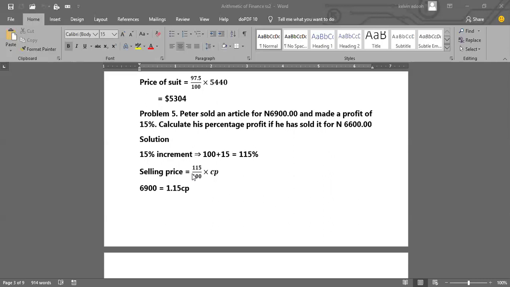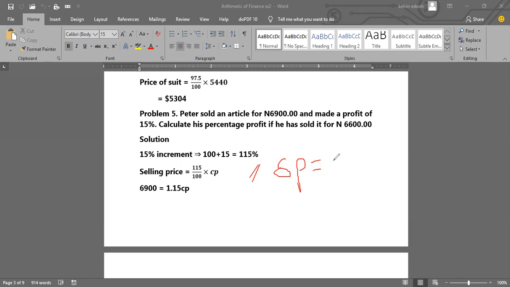Then now the selling price. Look at the note on what they are saying. A simple way of getting the selling price, sorry, let me pick a pen. That's SP, the selling price, when they give you the percentage profit and the cost price.